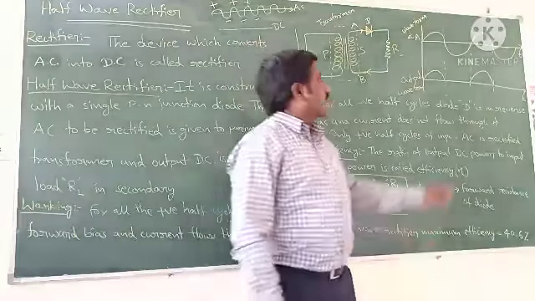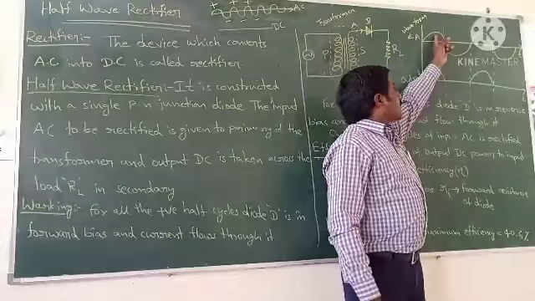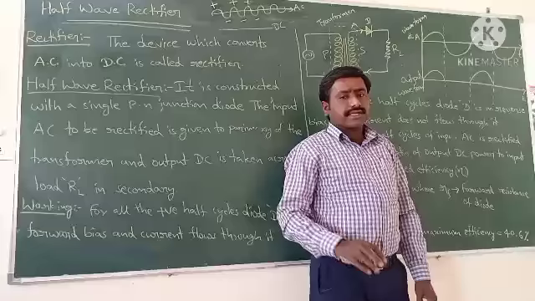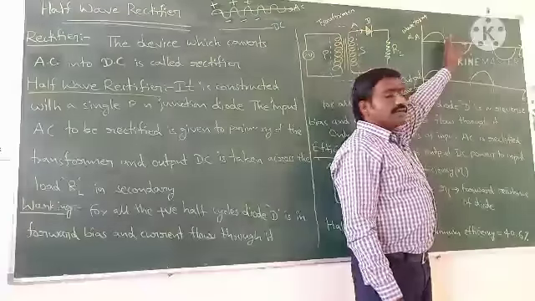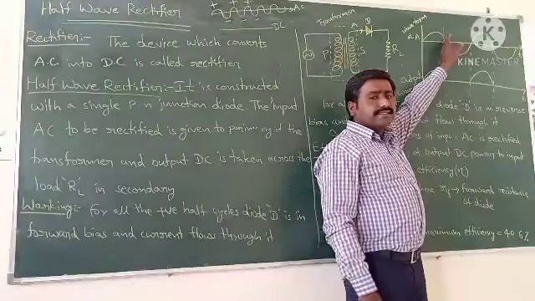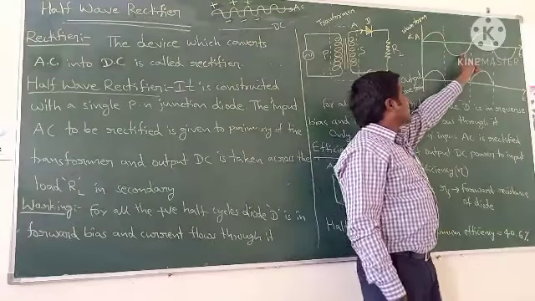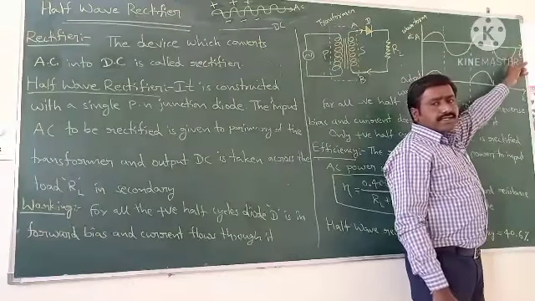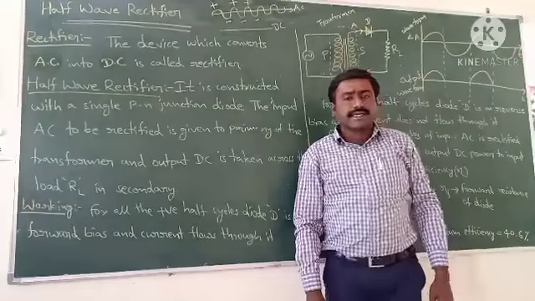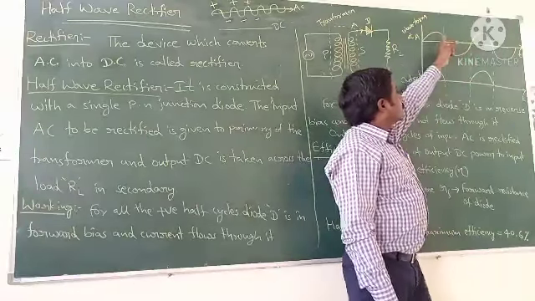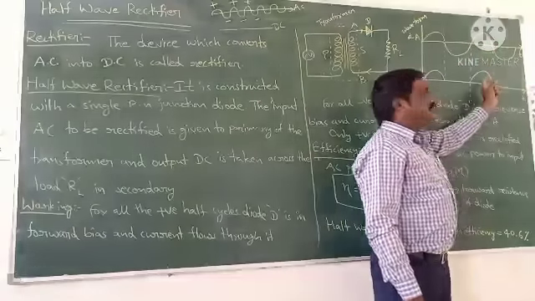So a wave is nothing but the combination of positive cycle and negative cycle. In a half wave rectifier, only half of the wave will be converted into DC. If you observe this diagram, this is a positive cycle, negative cycle, positive cycle, negative cycle. This is the alternating current. In this alternating current, only positive cycles are converted into DC.